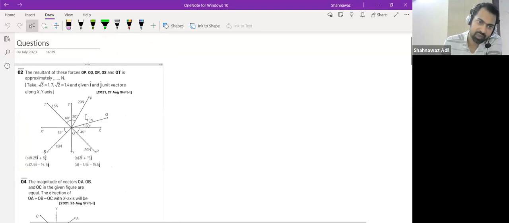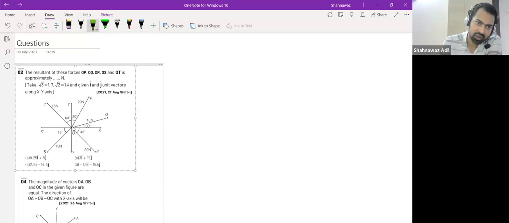How many vectors do we have? We have OP vector, OQ vector, OR vector, OS vector, and OT vector. 1, 2, 3, 4, 5.